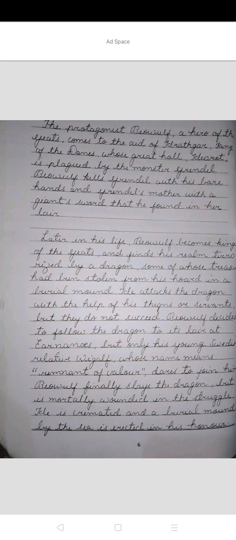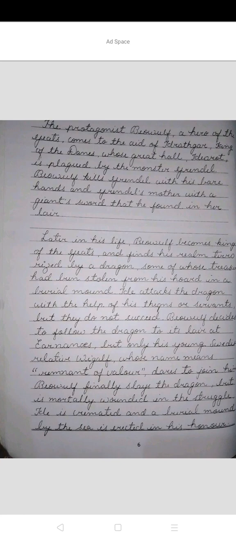Beowulf decides to follow the dragon to its lair at Earnanaes, but only his young Swedish relative, Wiglaf, whose name means remnant of weakness, dares to join him. Beowulf finally slays the dragon but is mortally wounded in the struggle.